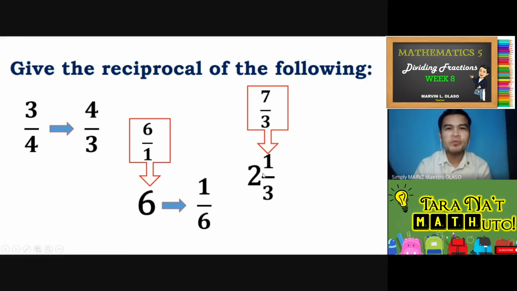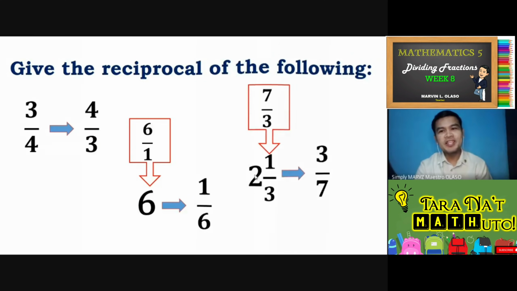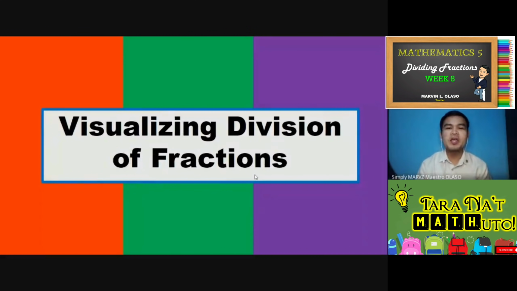So it's equal to 7/3. 2 and 1/3 is equal to 7/3. Now, what is the reciprocal of 7/3? You got it. It's 3/7. Babaliktarin mo lang ang numerator and denominator. So that's reciprocal of a number. Nakuha po ba?